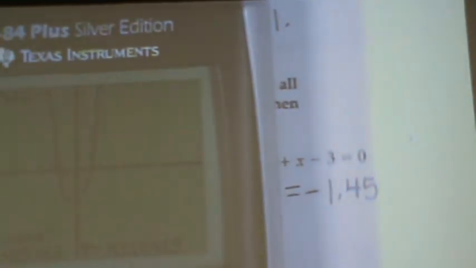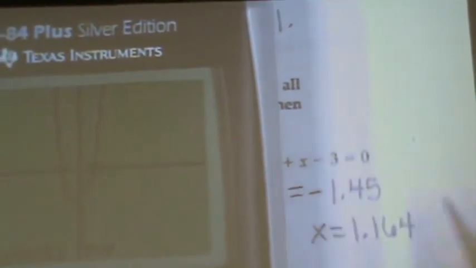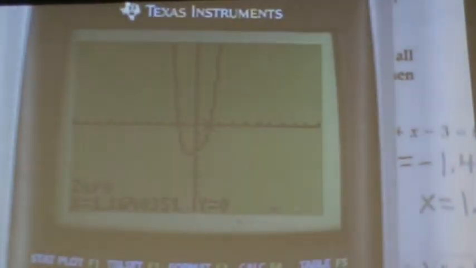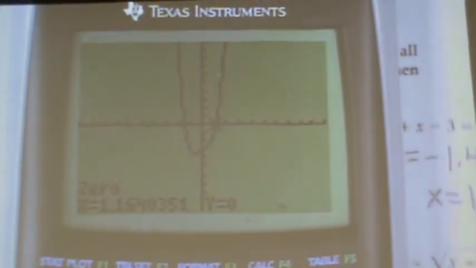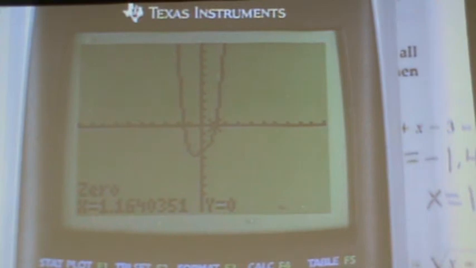That one's between 0, enter, 2, enter. I got 1.164. Now, if I wanted to check this answer, I hit clear, and type that equation in, you should get a 0. That will put that last number into that equation.